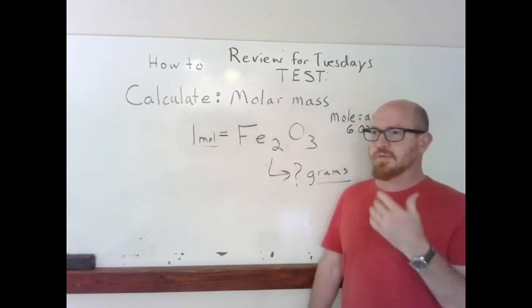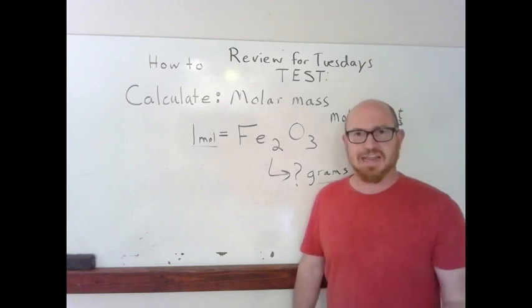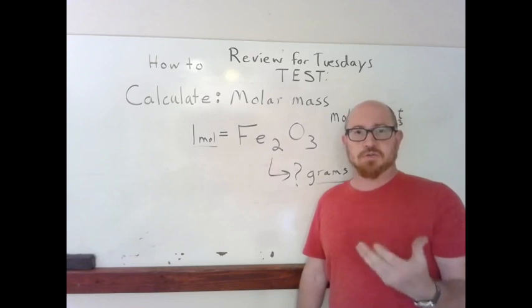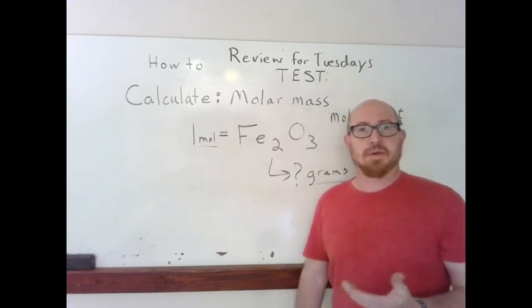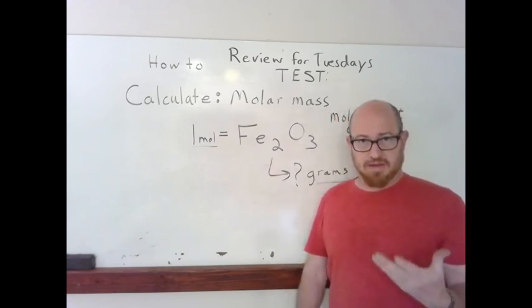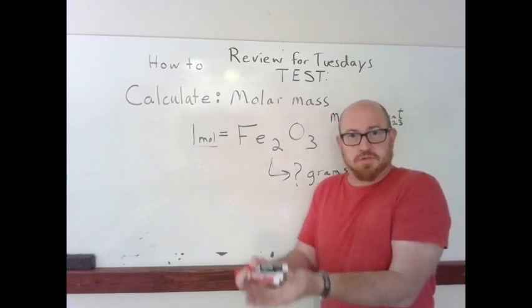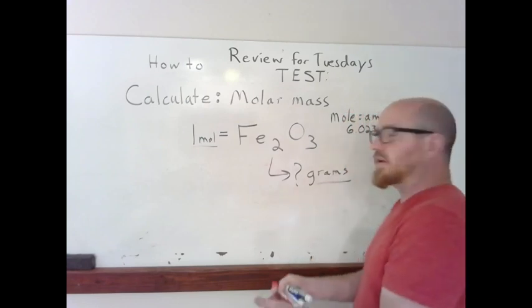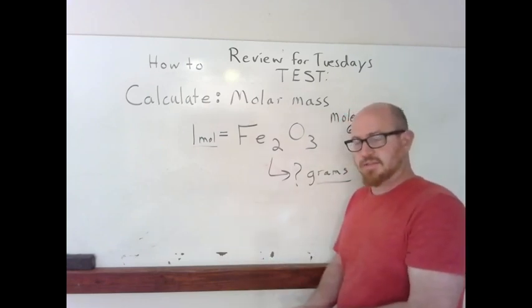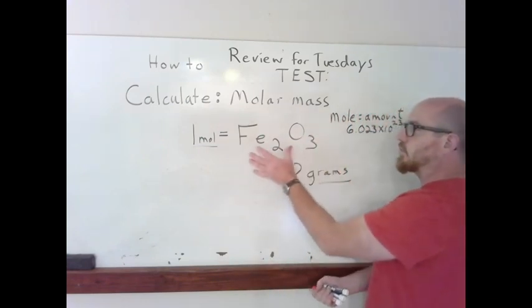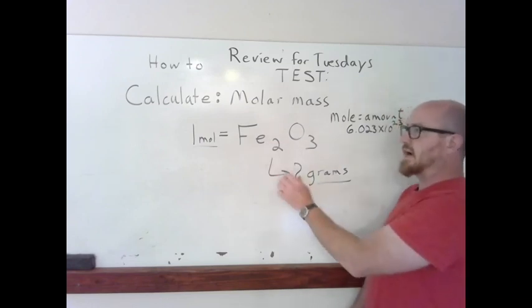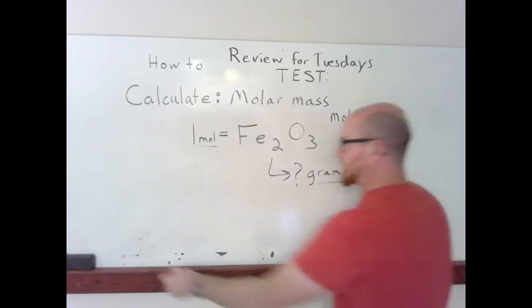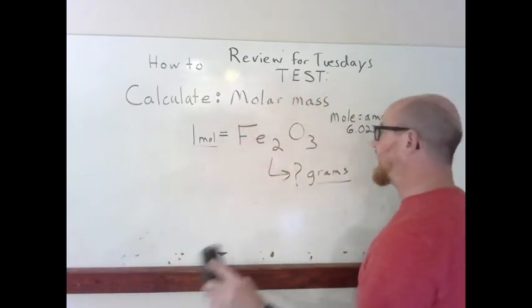So if you look at those dozen eggs, the best way to understand how many eggs you have is to count them, but to better understand how much you have of it is to measure it in grams. How much does it weigh? All right? And so then you can start to compare it to other types of eggs. So if we're looking at rust, in this case, I want to know how many grams 1 mole of it weighs. So let's get started in making that calculation.